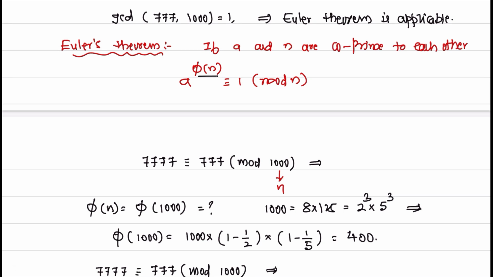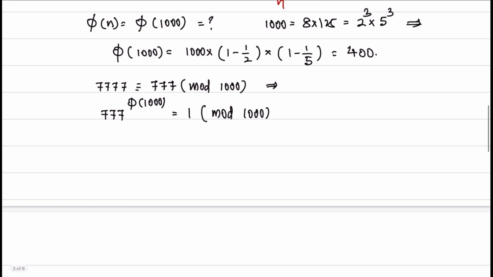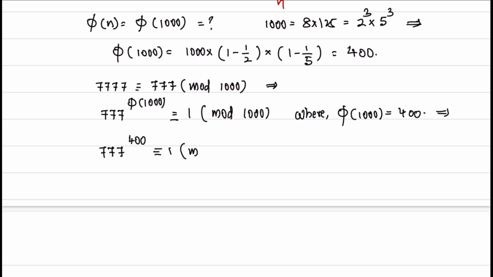A to the power of phi n is equivalent to 1 mod n. Here n is 1000. 777 to the power of phi 1000 is equivalent to 1 mod 1000, where we have already got phi of 1000 is equal to 400. That means 777 to the power of 400 is equivalent to 1 mod 1000. This is one equation we have got.